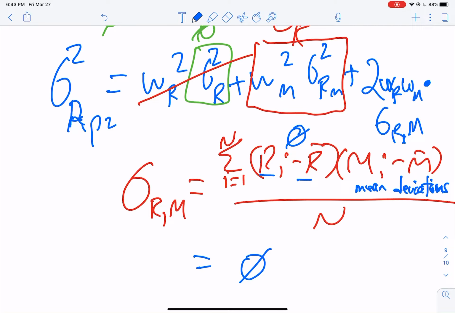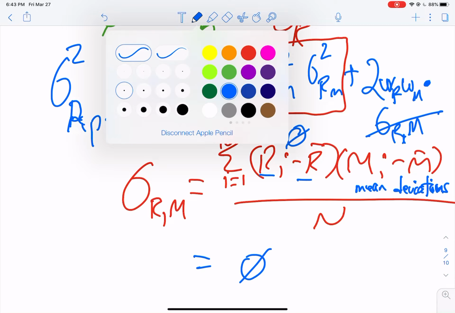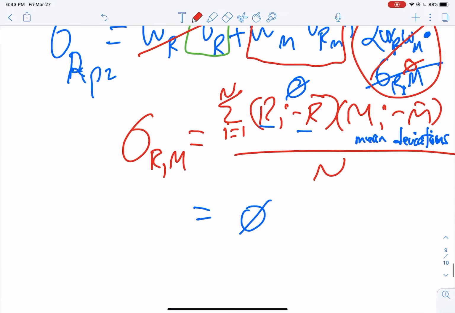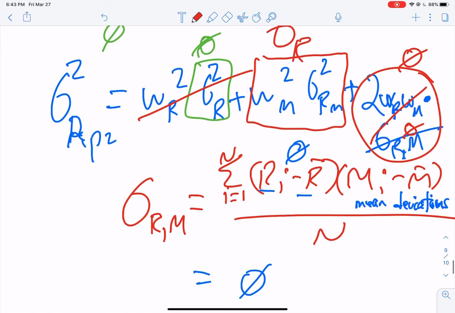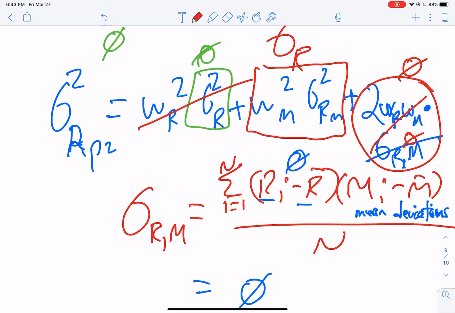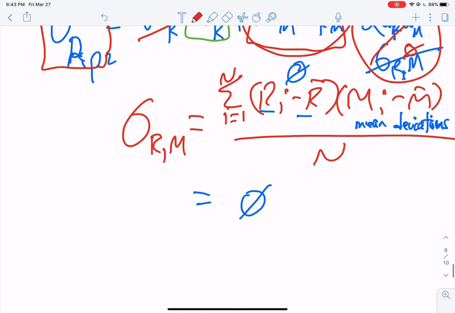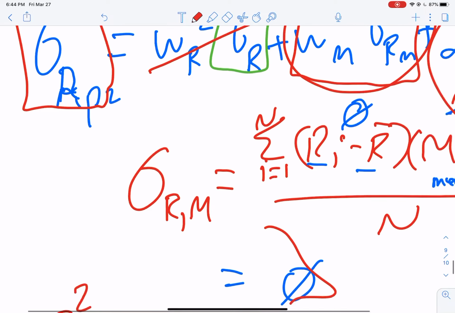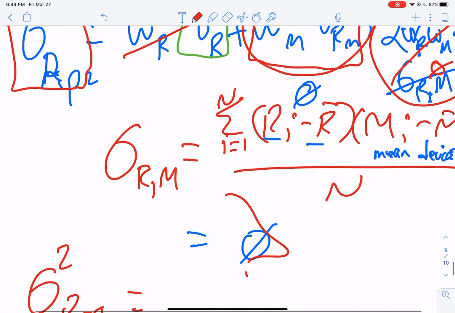And since that term is 0, that means this whole term is 0. And therefore, we're left with the observation that sigma squared of R_P is equal to this term right here, W_M squared sigma squared M.